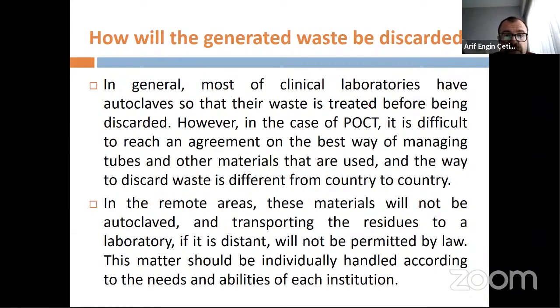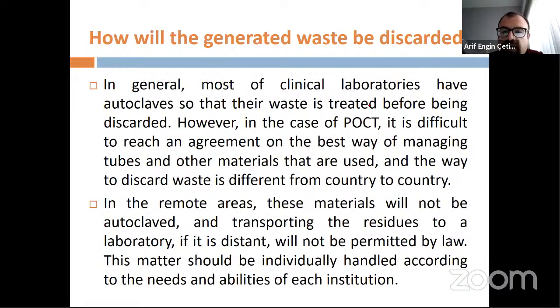So the hospital takes care of the waste and sends it to a center to dispose. But POCT tests are sold everywhere and there is no track to dispose of them. So if someone takes the COVID-19 test at home, they can trash it in a trash bin.